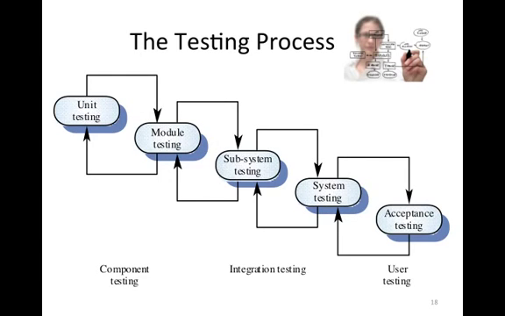This is just a visual representation of the testing process, in that it is not a linear process. Unit testing leads to module testing. If there are problems, it goes back to unit testing, on and on. The module gets tested, it goes back to subsystems testing. There are problems with the module, and it can go back to unit testing.